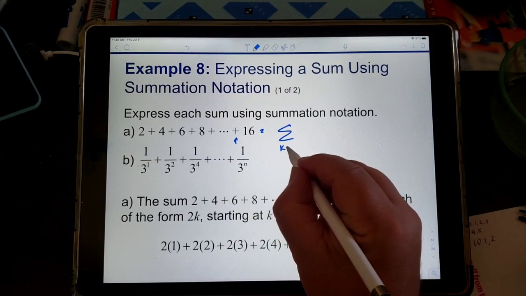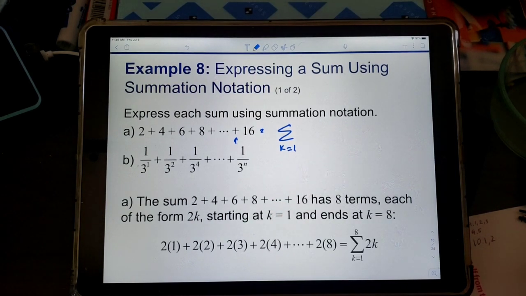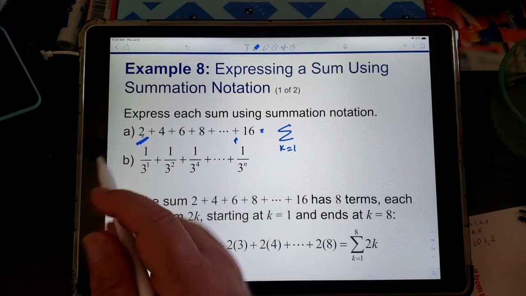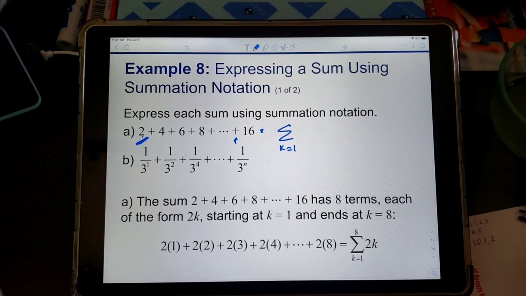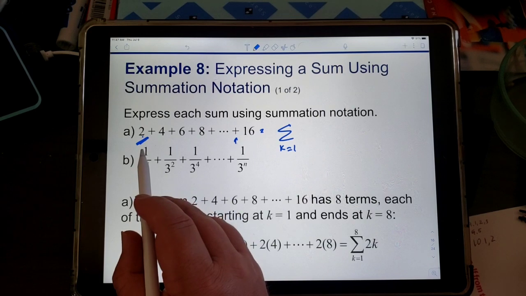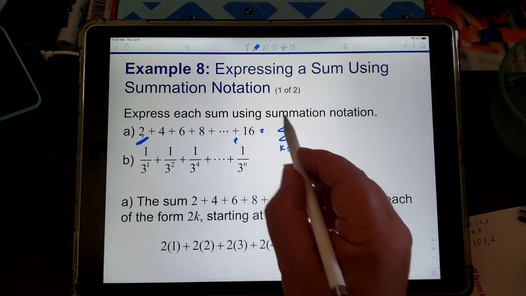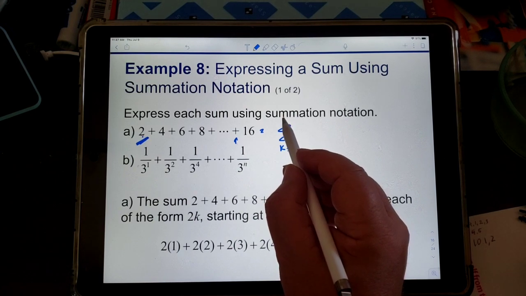We're going to start our k at 1, and that's a little controversial, but this website always wants us to start at 1. Don't start at some other number like 2, even if you think that's better. Start at 1. I have to figure out my formula, and I have to figure out my ending value.